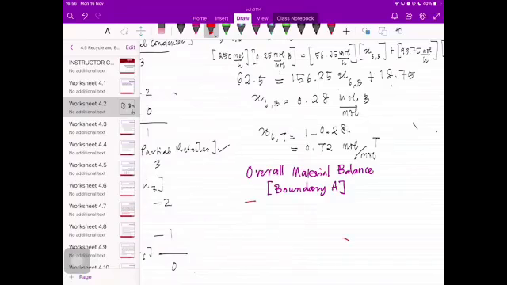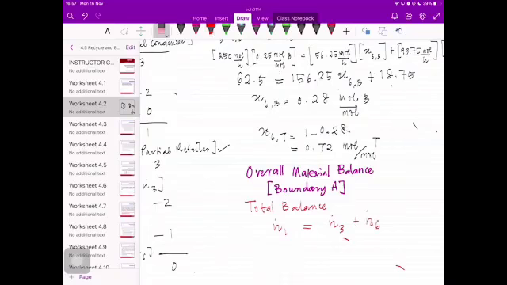Our total balance: N1 going in will be equals to N3 plus N6.